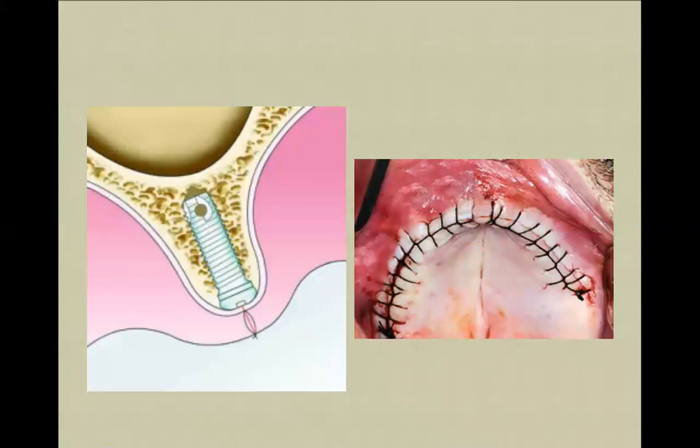That is also very important, because the number of knots is just one or two, as opposed to multiple knots with the interrupted, simple suture. When we have multiple knots here, it makes patients' daily life awful.